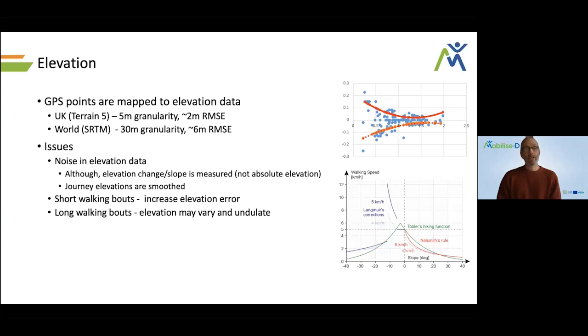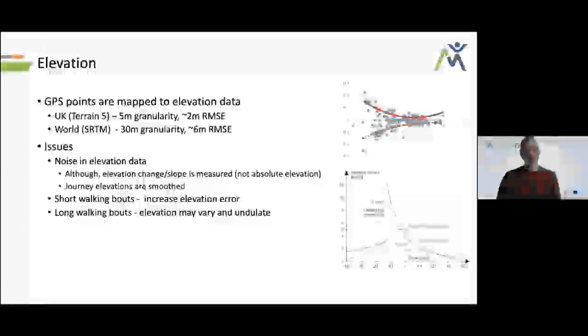For elevation, we used country-specific elevation data, which generally is more accurate or has lower granularity. And for the worldwide data, we used something from the States, which provides a granularity of about every 30 meters.